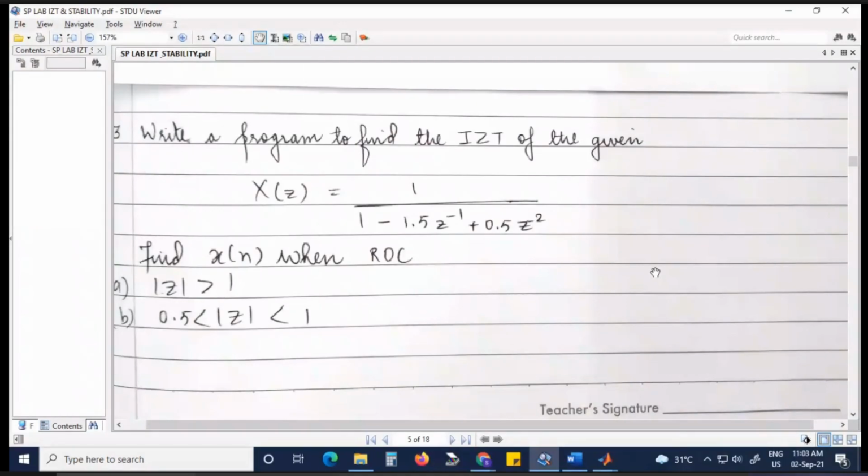So overall it is a non-causal sequence, both causal and anti-causal are present.